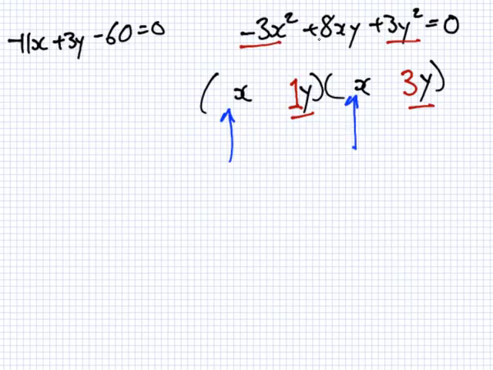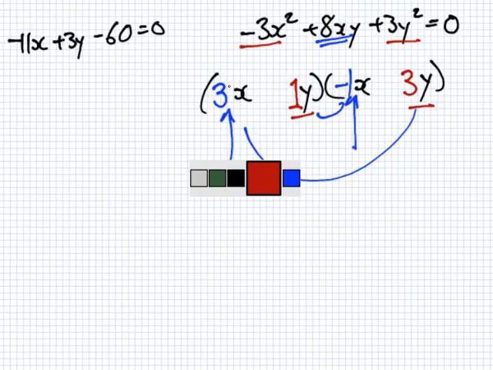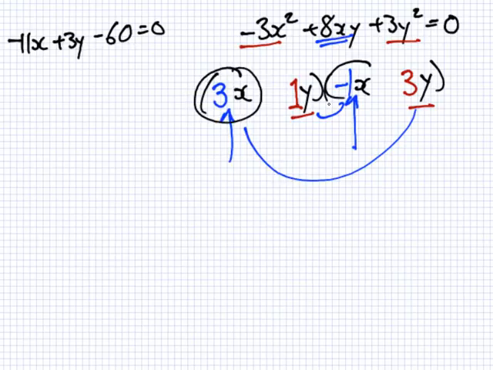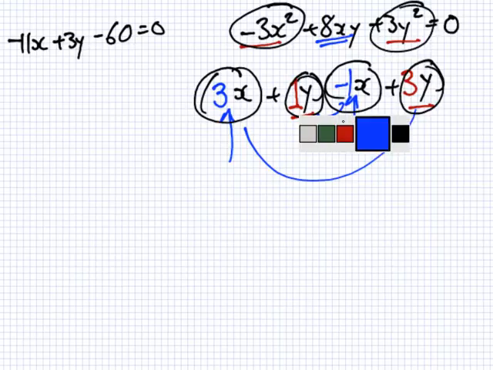We also need to make an 8 in the middle when we multiply it out. So I have a feeling that the 3 should be here and the minus 1 should be here. Let's check it. Yeah. 3x by minus x, minus 3x squared. y by 3y, 3y squared.